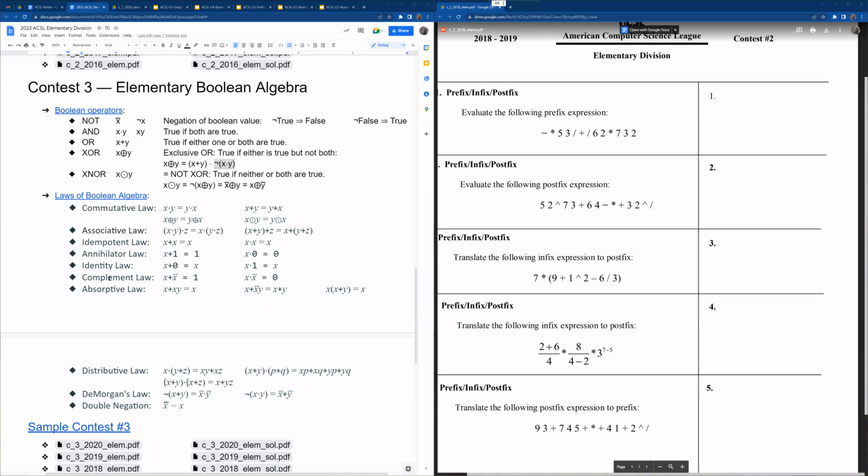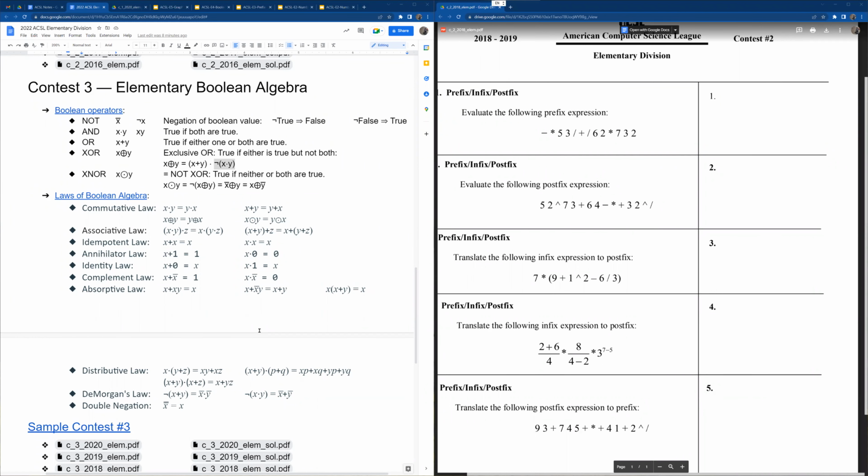And then the complement law means that if you have X or not X, A or not A, then this whole expression is always true. Because A could be true or false, and the other one is always the opposite.